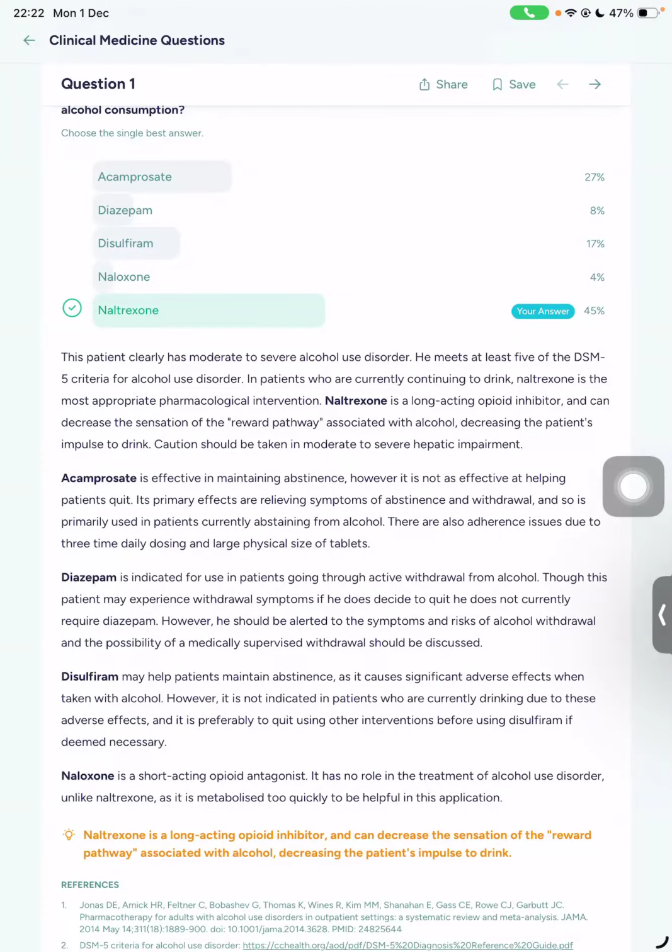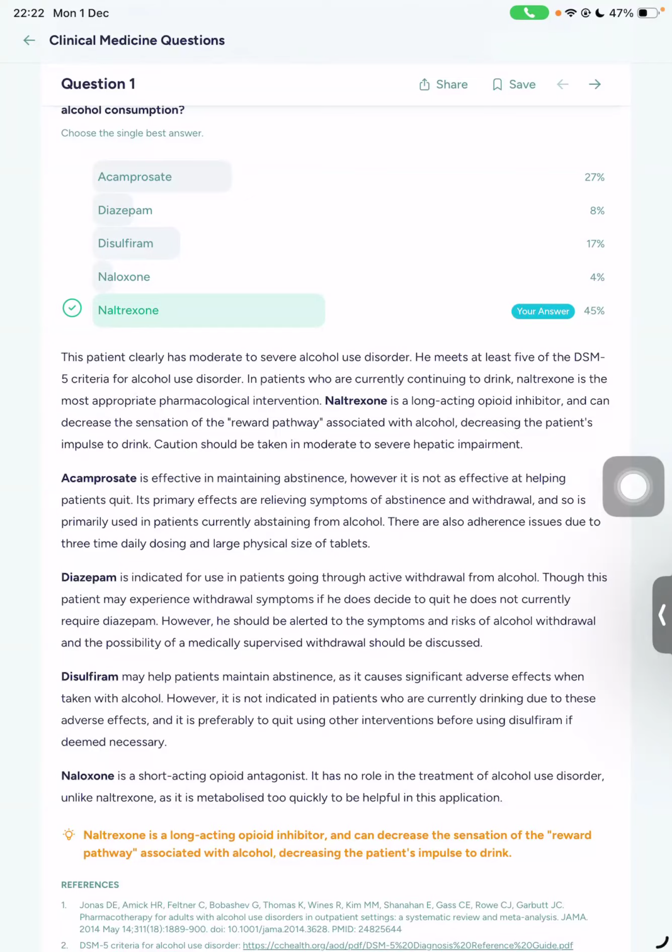That means decreasing the craving, right? Caution should be taken in moderate to severe hepatic impairment. So why not acamprosate? It is effective in maintaining abstinence, however, it is not as effective at helping patients quit. It is primarily effective at relieving symptoms of abstinence and withdrawal, and so is primarily used in patients currently abstaining from alcohol.